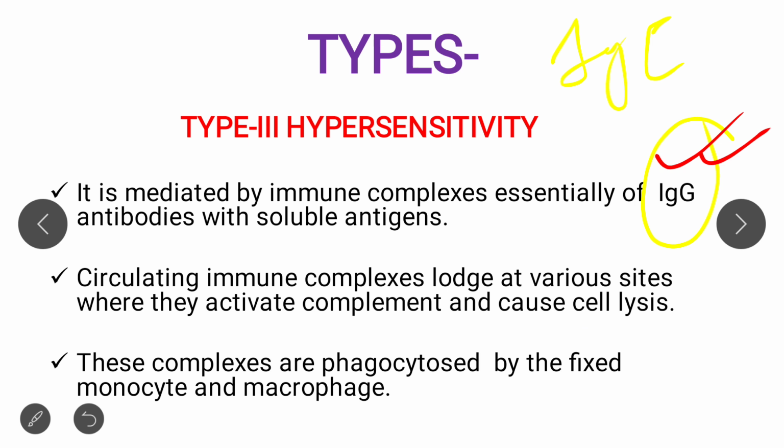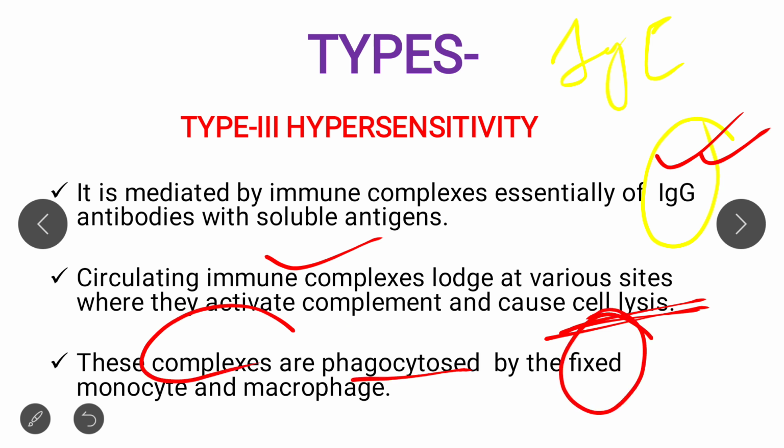Then the immune complexes circulate and are lodged at various sites where they activate the complement system, and after activation of the complement system the lysis of cell takes place. Clear? And these complexes are phagocytosed by the fixed monocytes and macrophages.